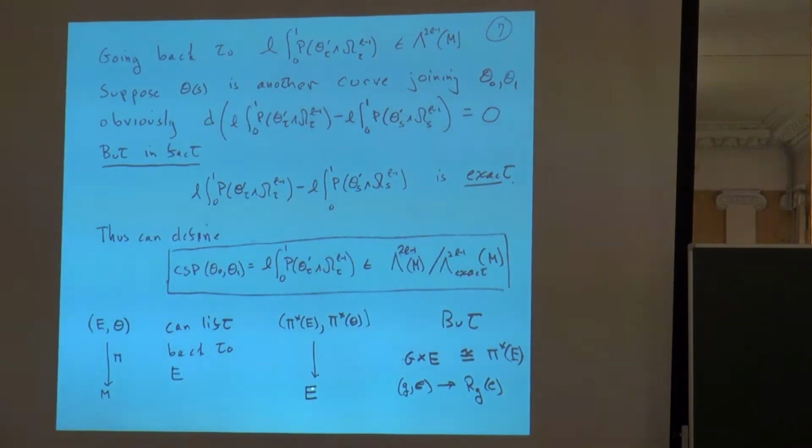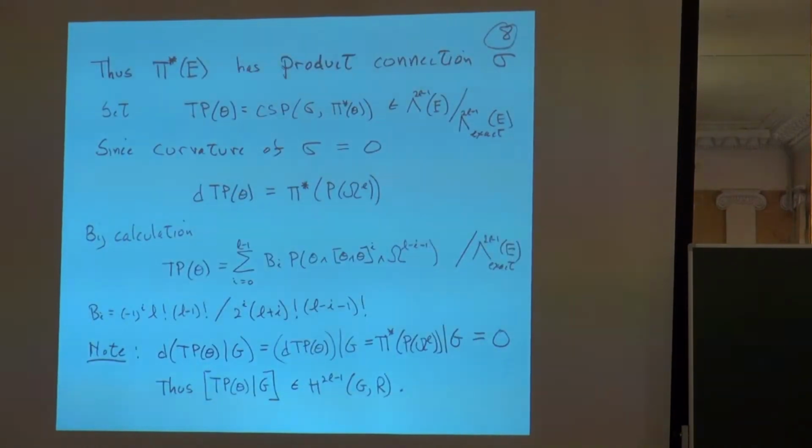So now over E itself, I have another principal bundle. And so everything lifts up there. But upstairs, in that bundle, it has a product connection, because it's trivial when you lift it to itself, because it has a typical product structure.